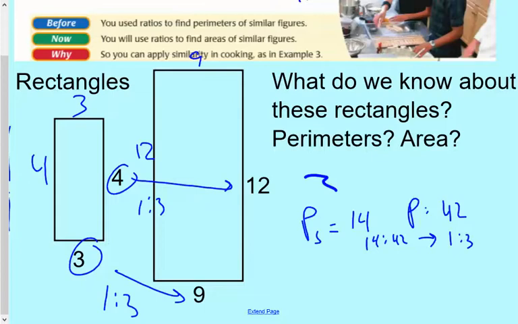They have congruent angles, all 90 degrees, and corresponding side lengths that are proportional. The relationship between their side lengths is the same as the relationship between their perimeters, a 1 to 3 ratio as well. And that is true for any similar polygon.